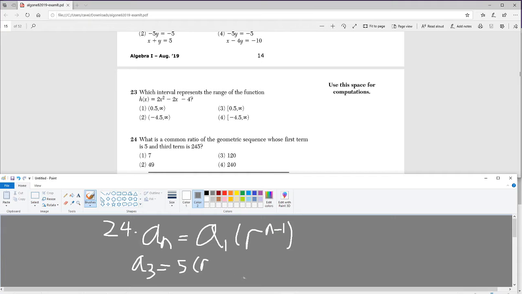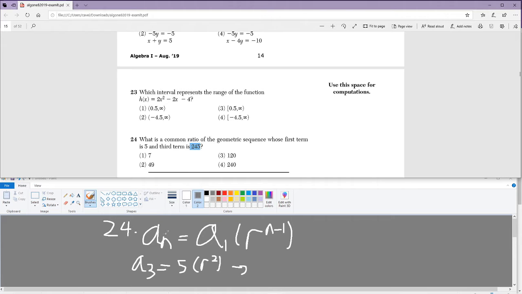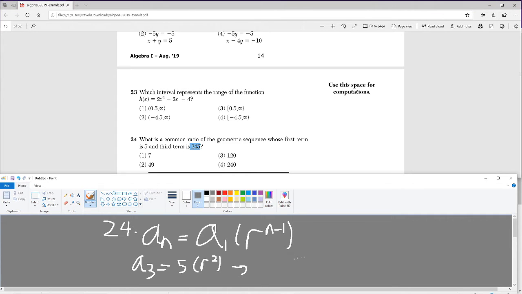N is equal to 3 because we're talking about the third term here, so we have 3 minus 1, or just r squared, because 3 minus 1 is just 2. Now if we substitute 245 into a3, we get 245 is equal to 5 times r squared, right?